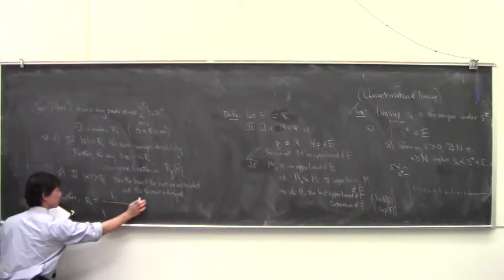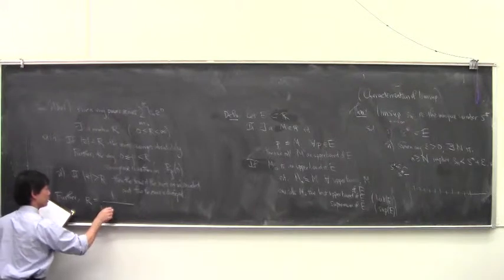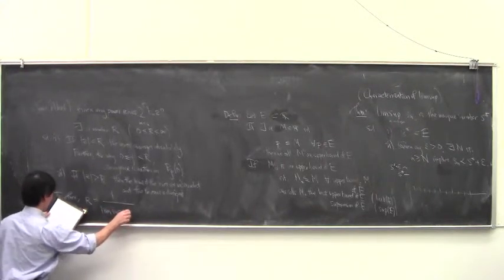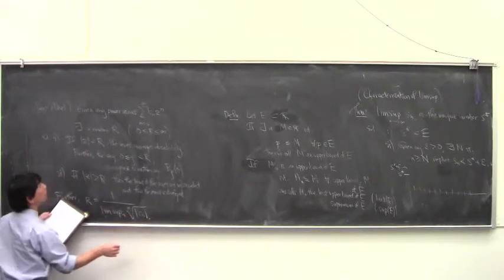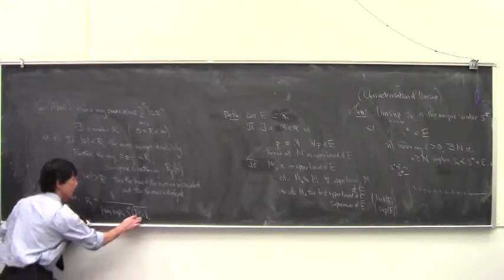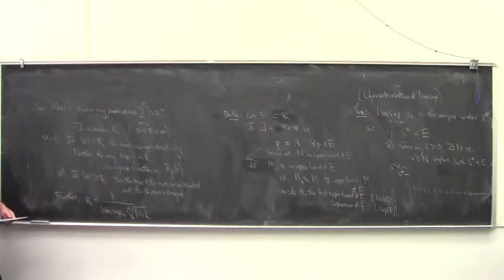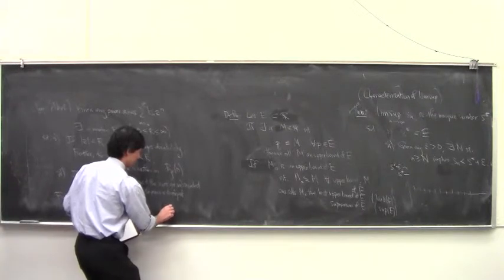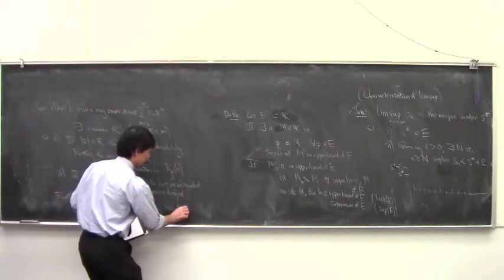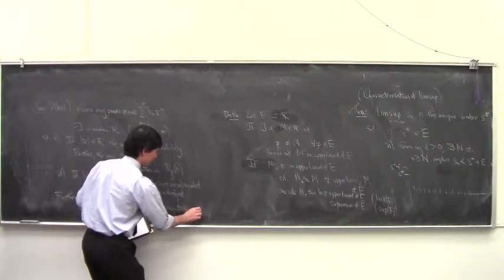Nope. 1 over the lim sup of the nth root of the modulus of the nth term. Okay. This last part is called the result of Cauchy and Hadamard.